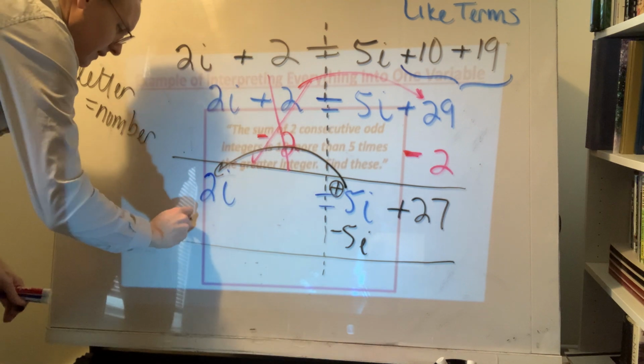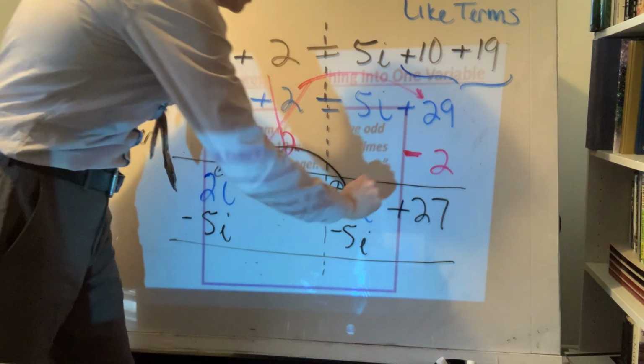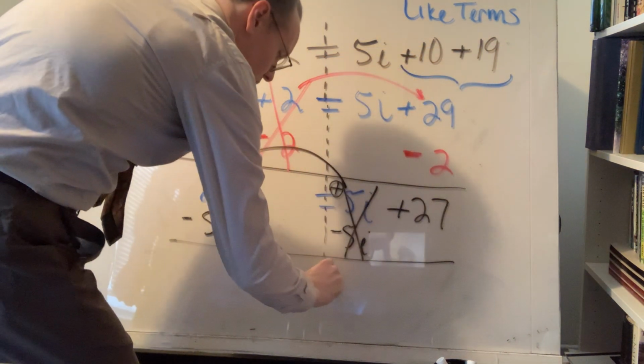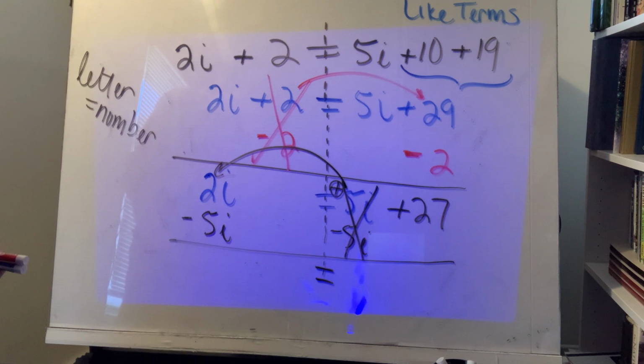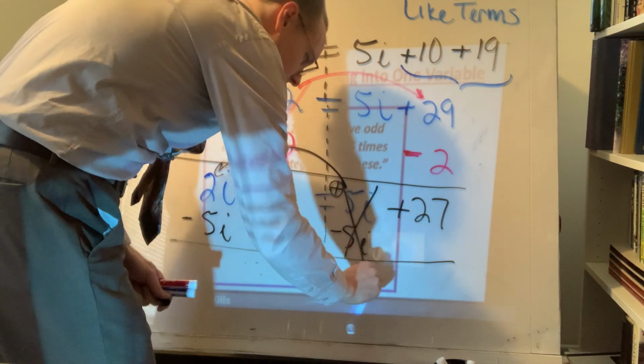And then plop it under here where there's a second 5I. These 5I's are going to cancel. I'm going to be left with a 27.